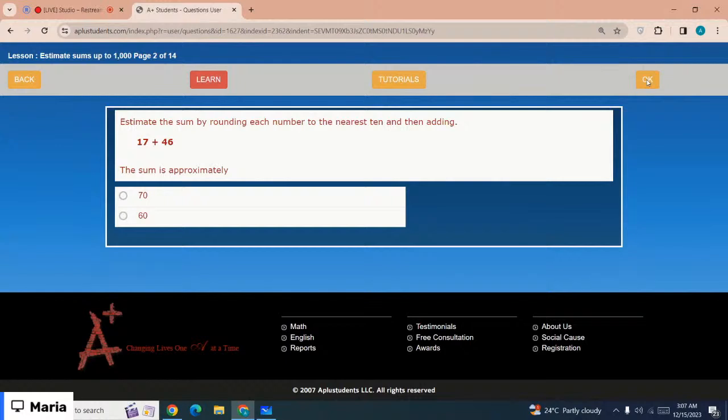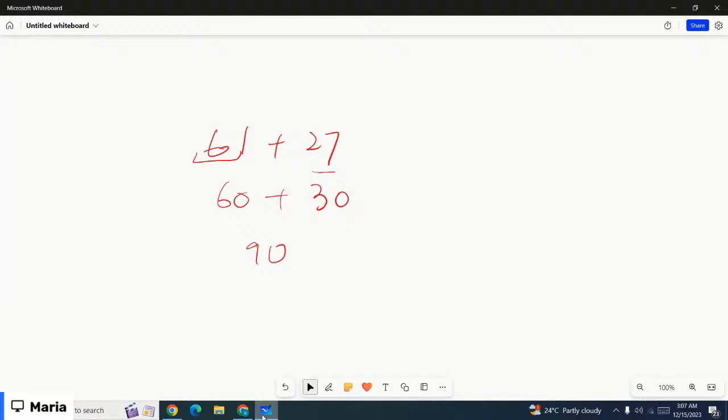Which is the correct option? 17 is rounded off to which 10? 17 is rounded to 20 and 46 is rounded to 50.